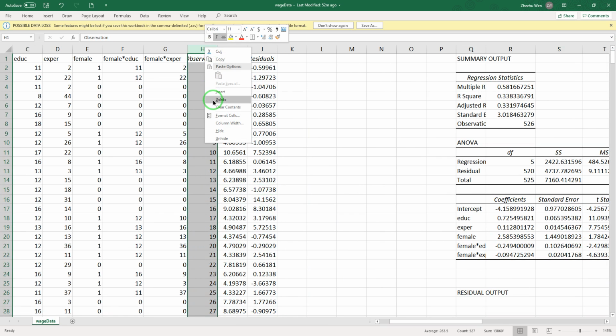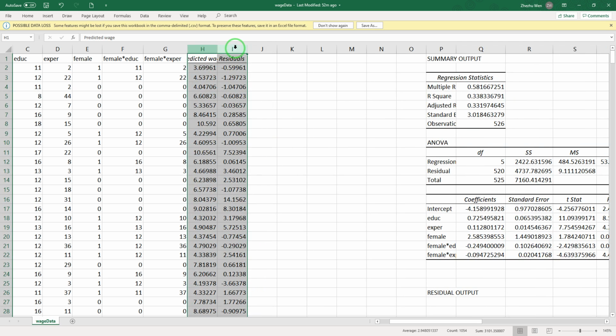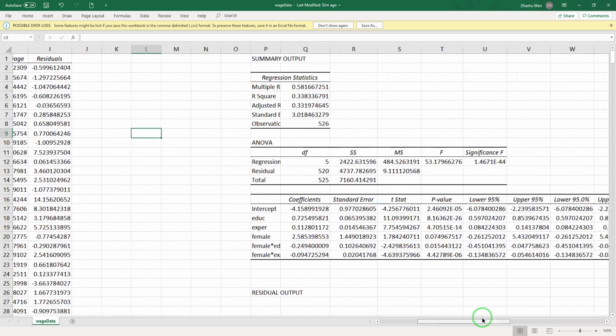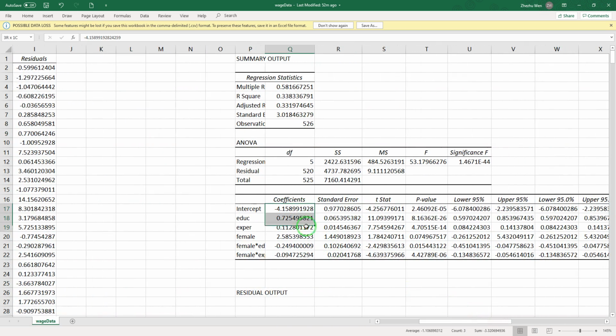This one is unnecessary, so I'm going to remove it. So this is the Excel prediction result. Here are my coefficients. Here are all the standard errors. And these are actually the p-values.